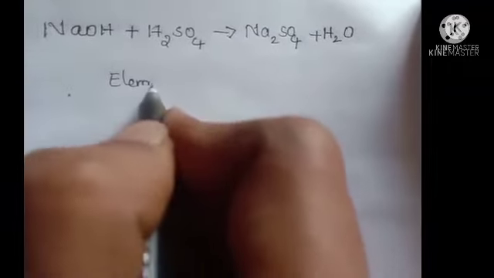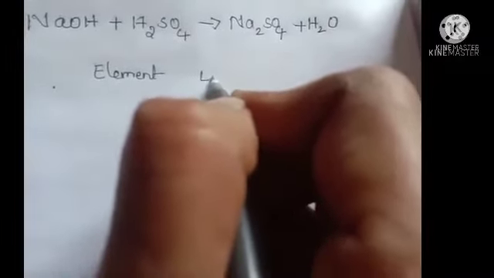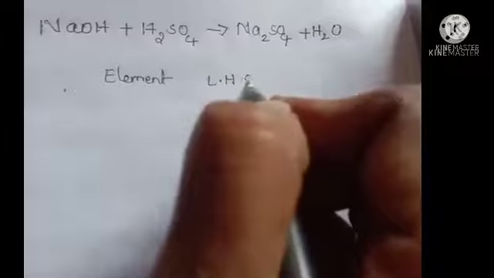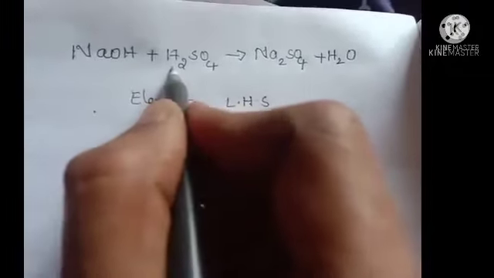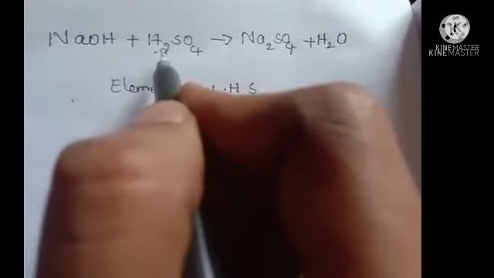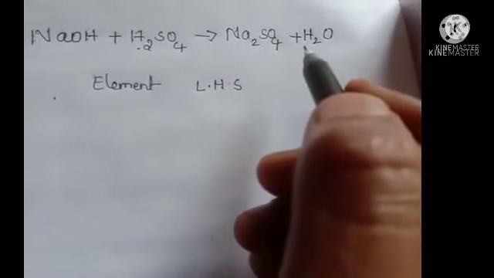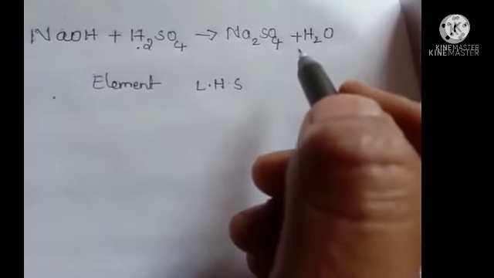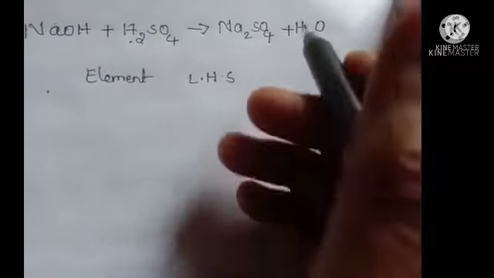Element, LHS side. LHS means left hand side. That means these all are reactants. All terms on the left side are called the reactants, and on the right side we have the products, which form the new substance.